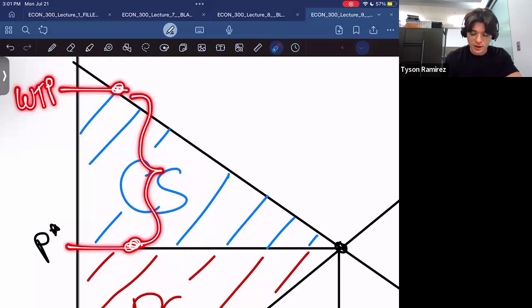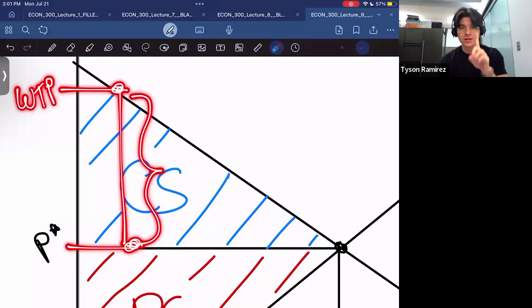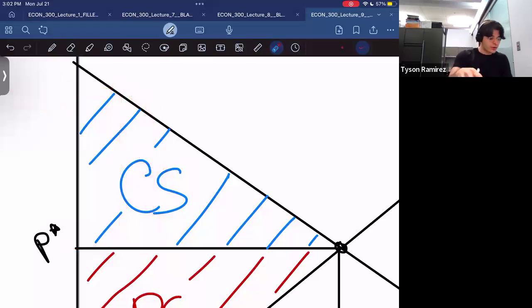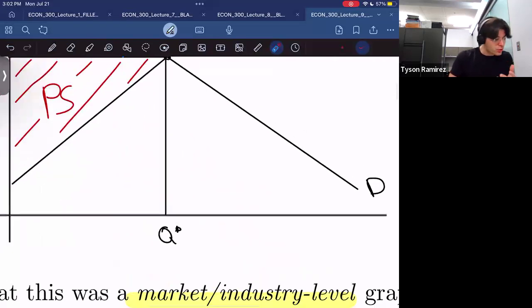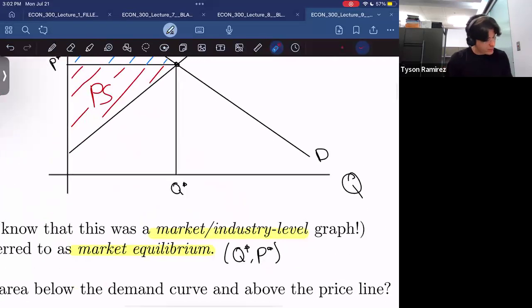That's the measurement of surplus at this one quantity. So I just want to reiterate, this is willingness to pay minus the price that they actually pay. This will pop up later this lecture, but I just want to give some intuition for this.